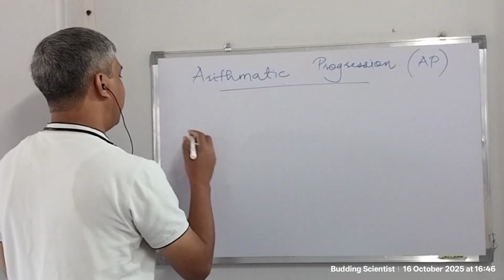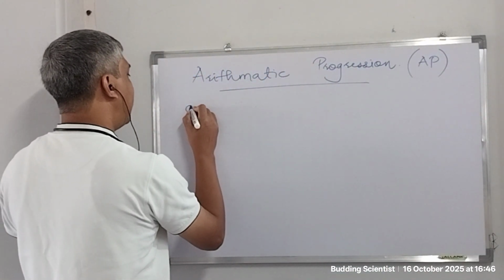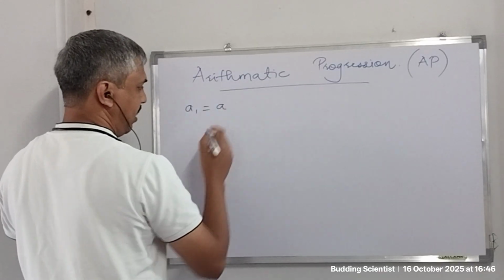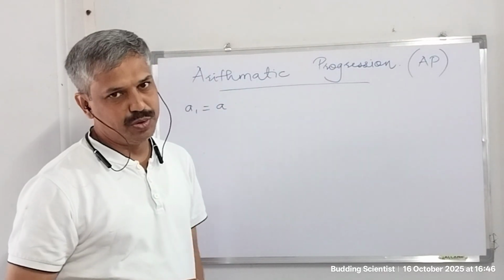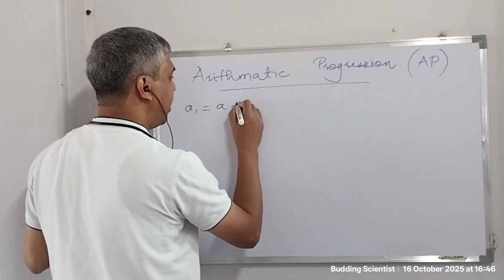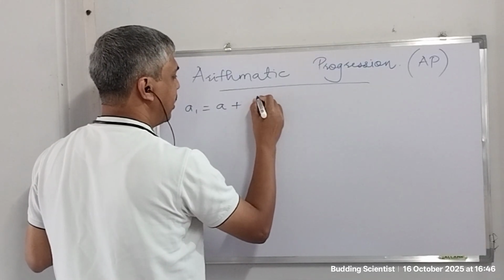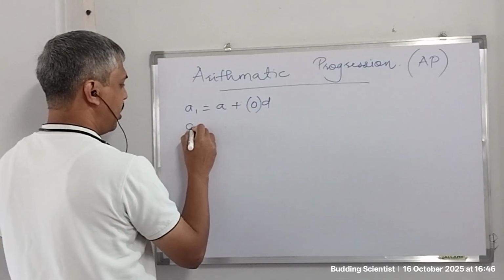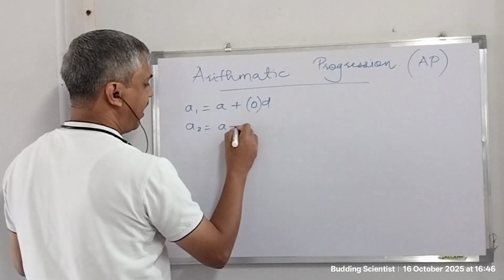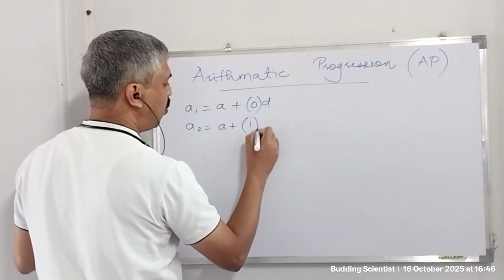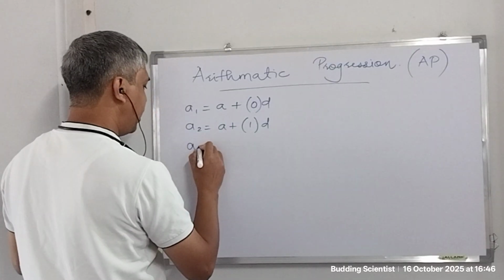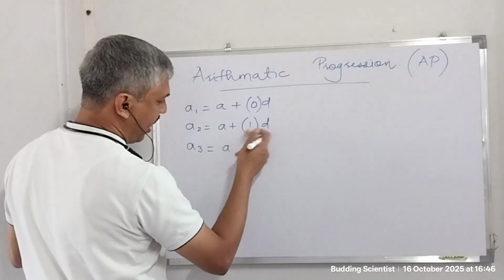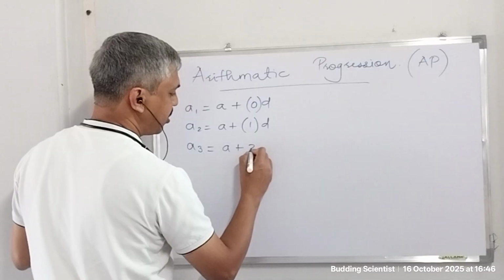So we have A1 equal to A, and there is no difference to be added here, so let's just write A plus 0D. A2 is equal to A plus D, that is A plus 1D. A3 is equal to, add one more D, so it is A plus 2D.